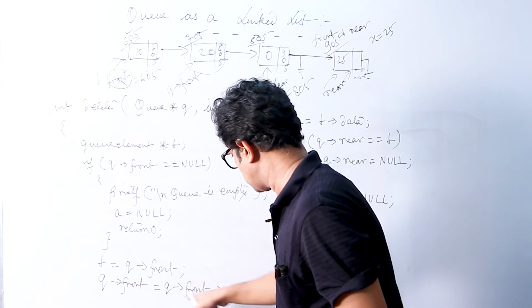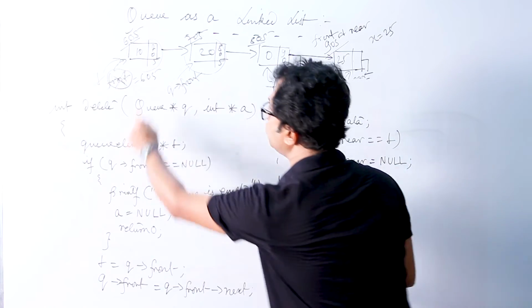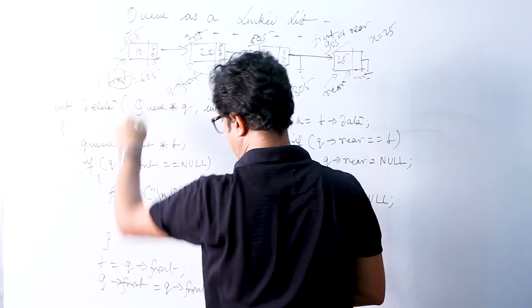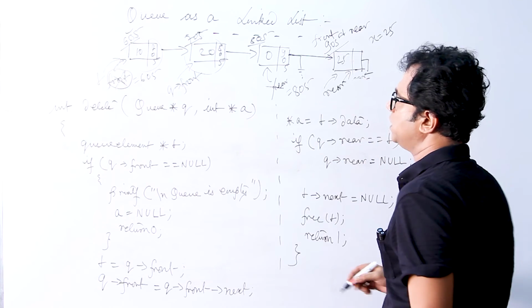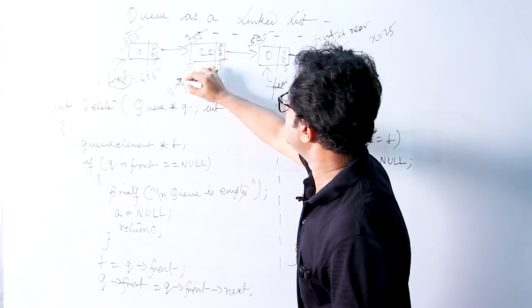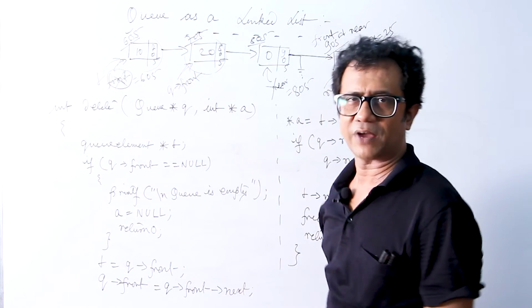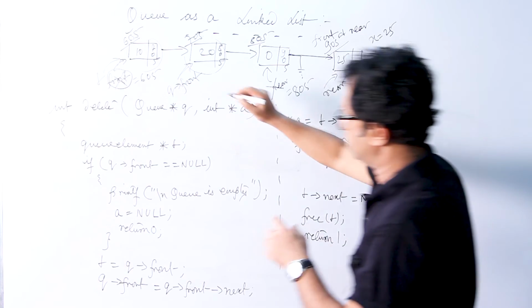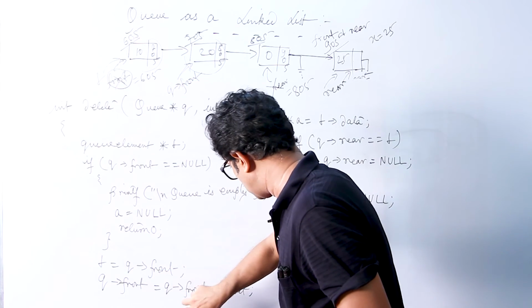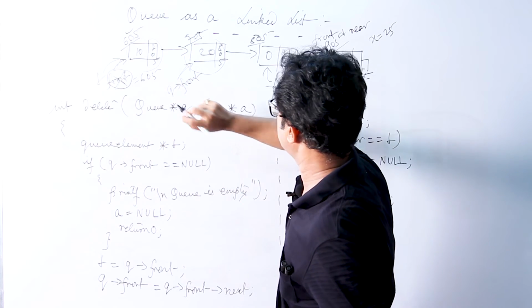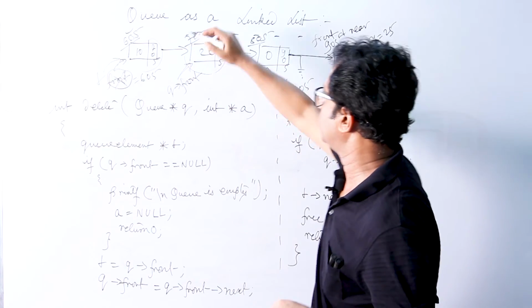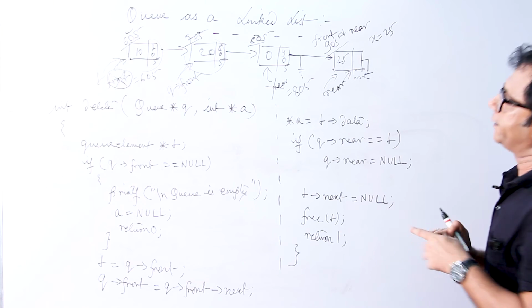That is, q front is equal to q front next means 705. So q front points to this 705 memory location. So that is correct.